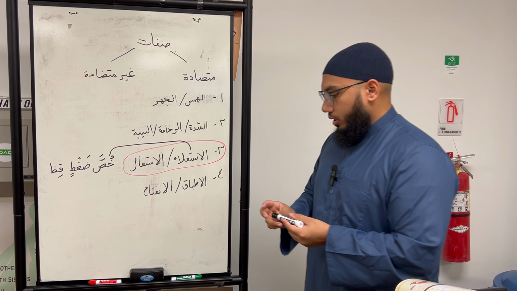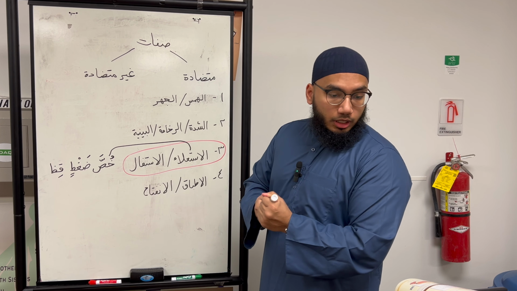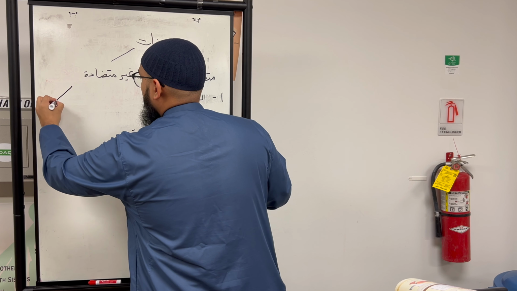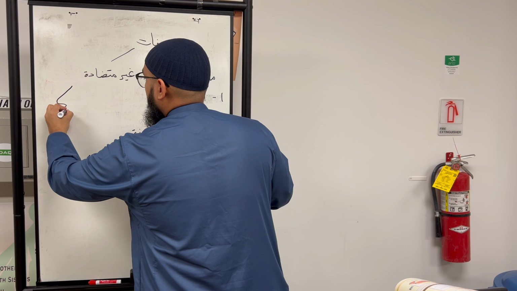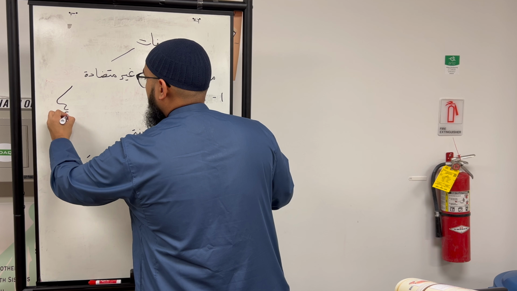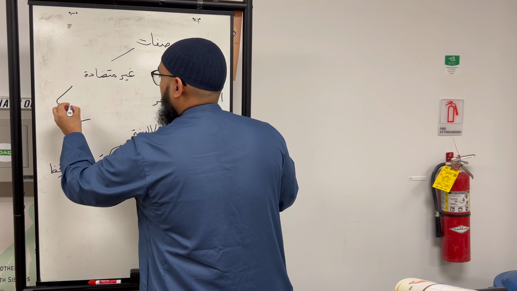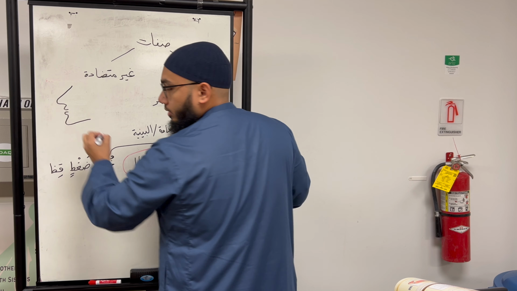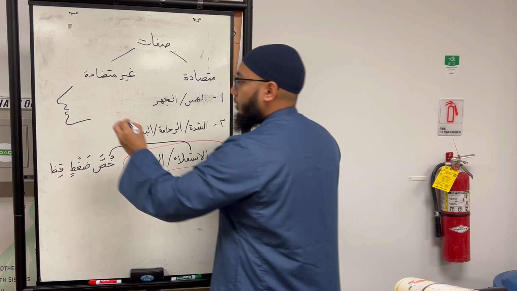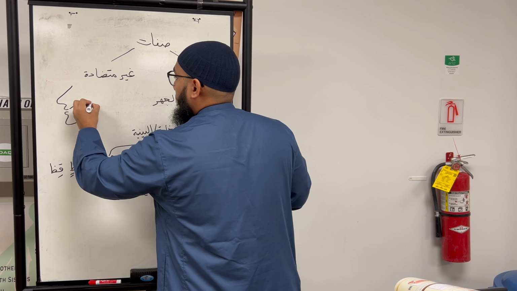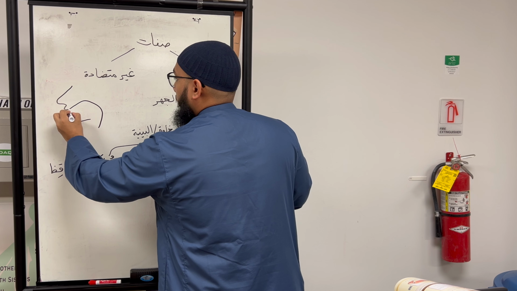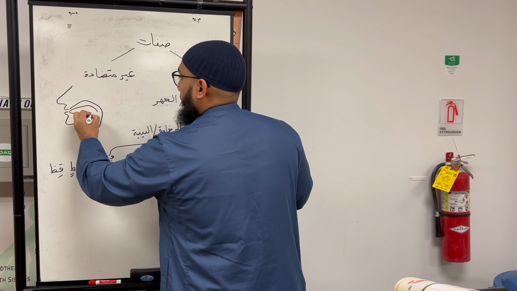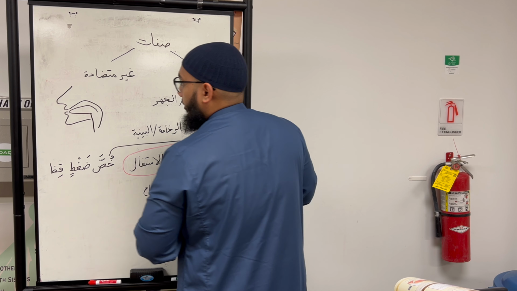So if we were to draw a mouth, again, you have Zaid, okay, and it's hard to draw the mouth. Here's Zaid's tongue. Okay.